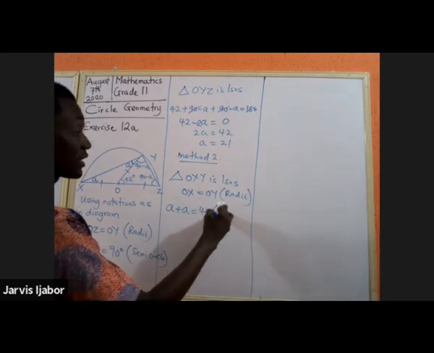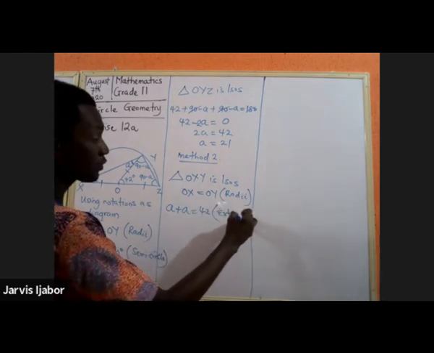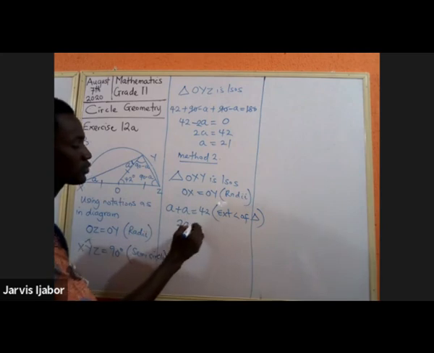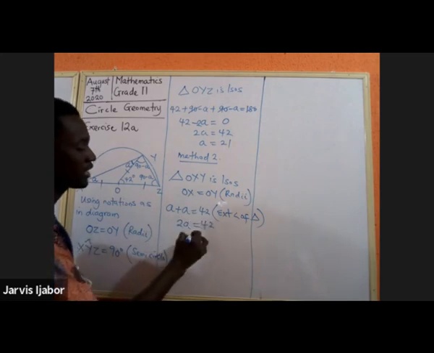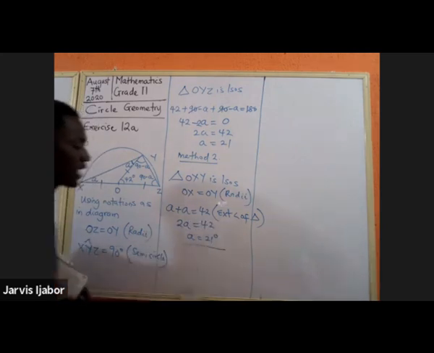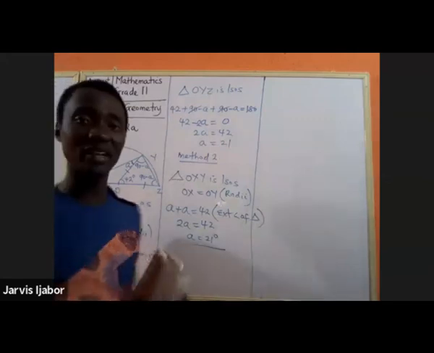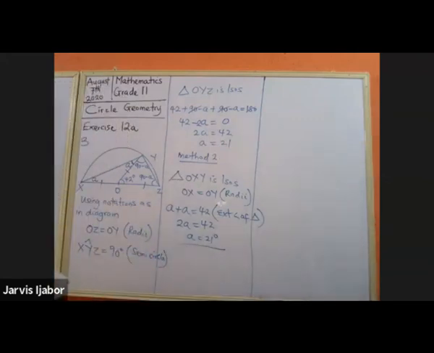What's the reason? Exterior angle of triangle. Remember we said that the opposite interior is equal to the exterior. So 2A will be equal to 42 and A will be equal to 21 degrees. So you see, whichever method you use, you will still arrive at the same conclusion.